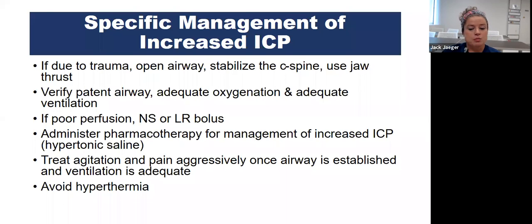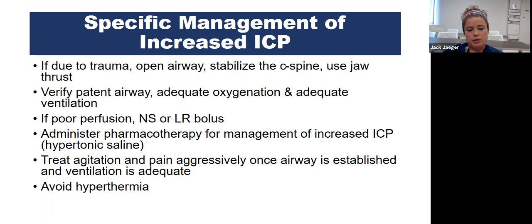So specific management for increased intracranial pressure. You want to open the airway and maintain the airway while stabilizing the C-spine, so use the jaw thrust as necessary. Verify a patent airway, that they're getting enough oxygen and adequate ventilation. If there is poor perfusion, you definitely want to do a normal saline or LR bolus.